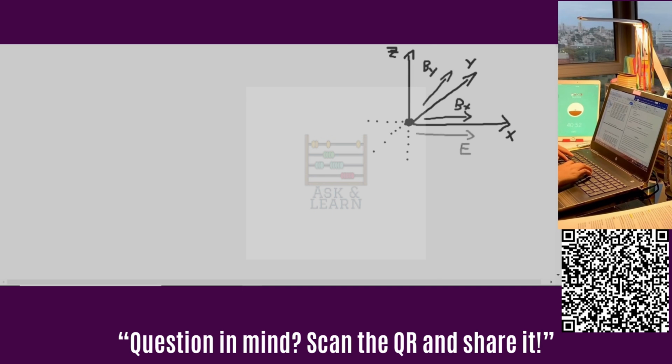And in part A, we want to find the magnitude and direction of the force on the particle. So we have two different types of fields causing forces, so we'll need the equations for both of those. Force for electric field is an easy equation.